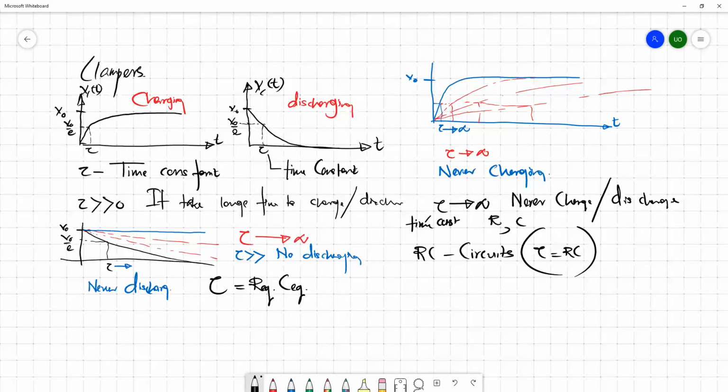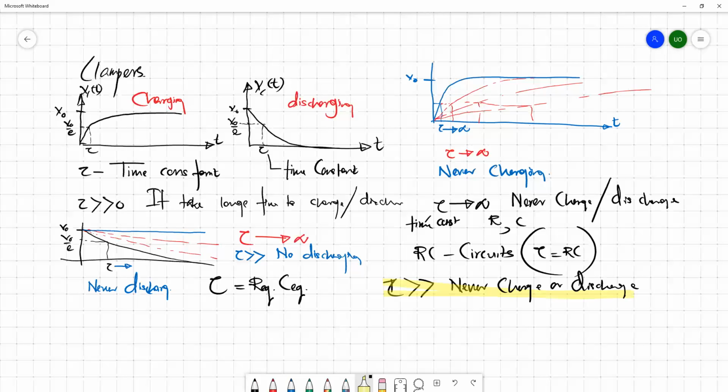Practically, if tau is pretty large, you can claim that it never charges or discharges, so the charging and discharging cannot be observed.